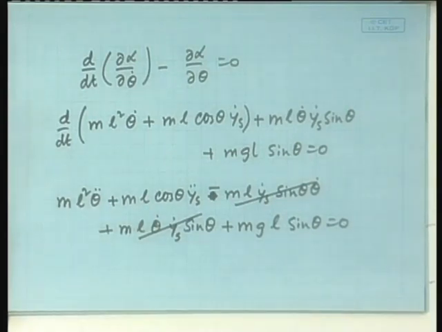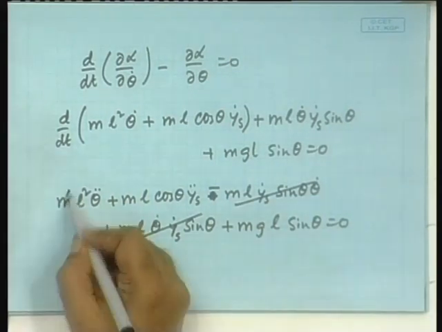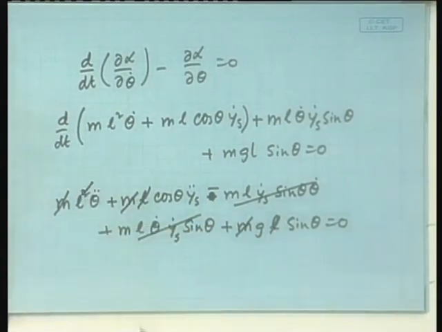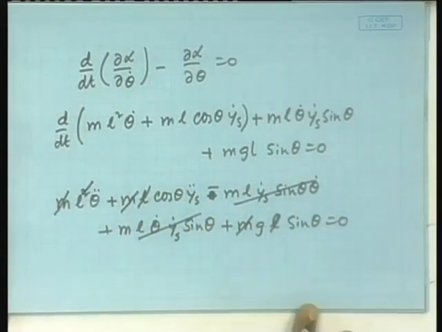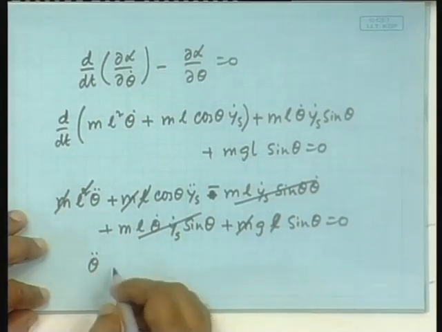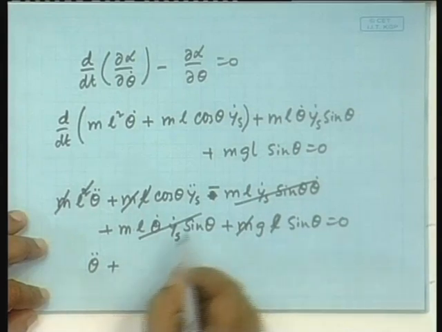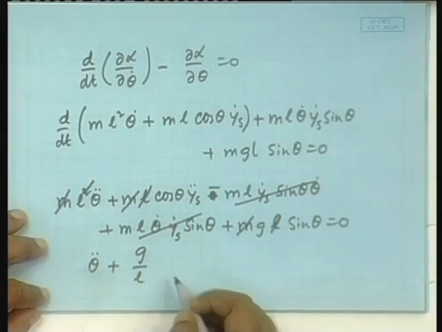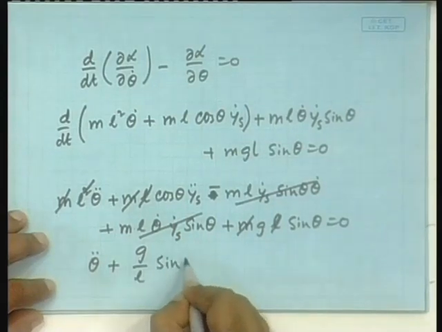Okay. Then we can cancel certain things, so things become simpler. Theta double dot plus g by L sin theta.